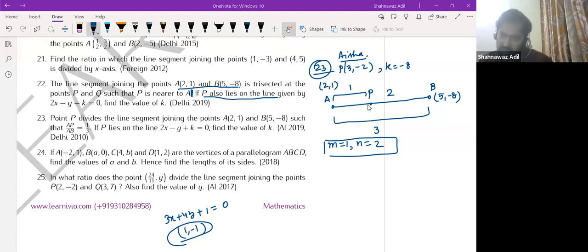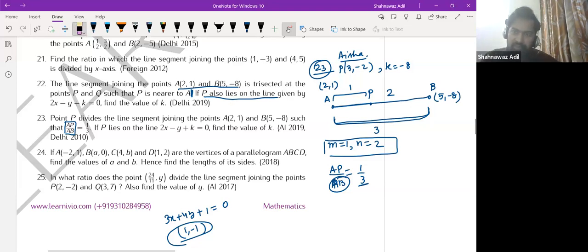So what ratio is different? That is not 1 is to 2, right? Look carefully. This is AP by AB, this is not AP by BP. If it would have been AP by BP, then that is 1 is to 2. So see what the correct answer is.